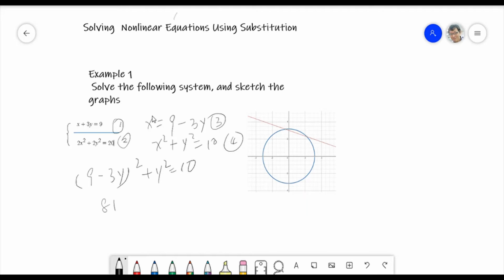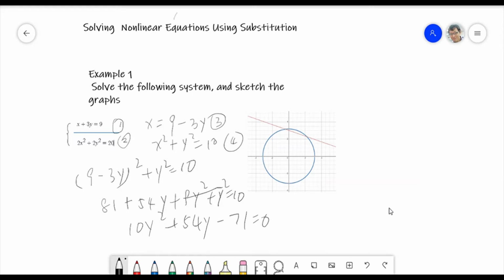It's 81 minus 2ab, which should be plus, so 54y, then plus 9y squared plus y squared equals 10. Here we can simplify as 10y squared plus 54y, then moving the 10 over, plus 71 equals 0.